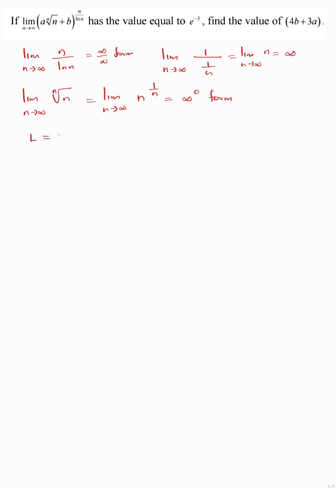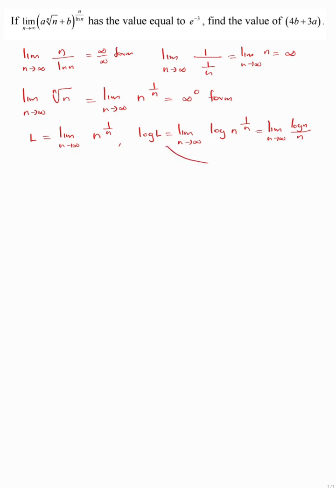For that, let me take L equal to limit n tends to infinity n raised to 1 by n. On both sides I apply logarithm. So log L equals, log will go inside the limit, limit n tends to infinity log of n power 1 by n, which is limit n tends to infinity log n divided by n, since the 1 by n power will come outside.